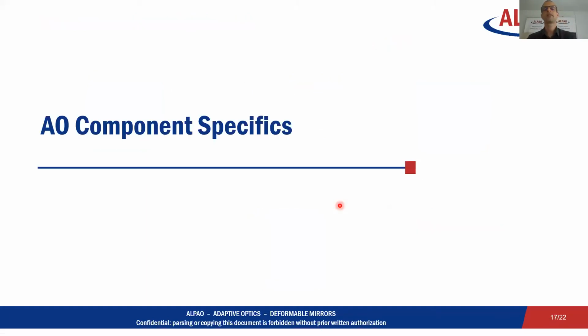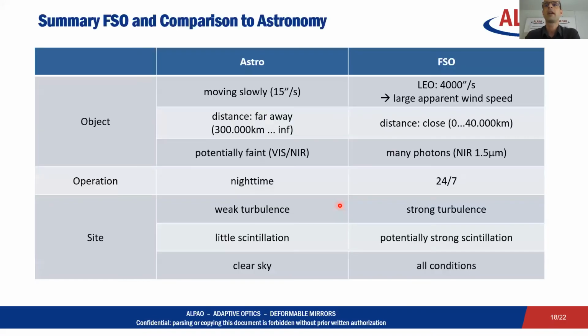A couple of slides left. So now let's see what kind of specific requirements FSO imposes onto the AO system. For that, I start with a small comparing summary between astronomy and FSO. I mean, these two applications look pretty much alike, but there are still some differences.